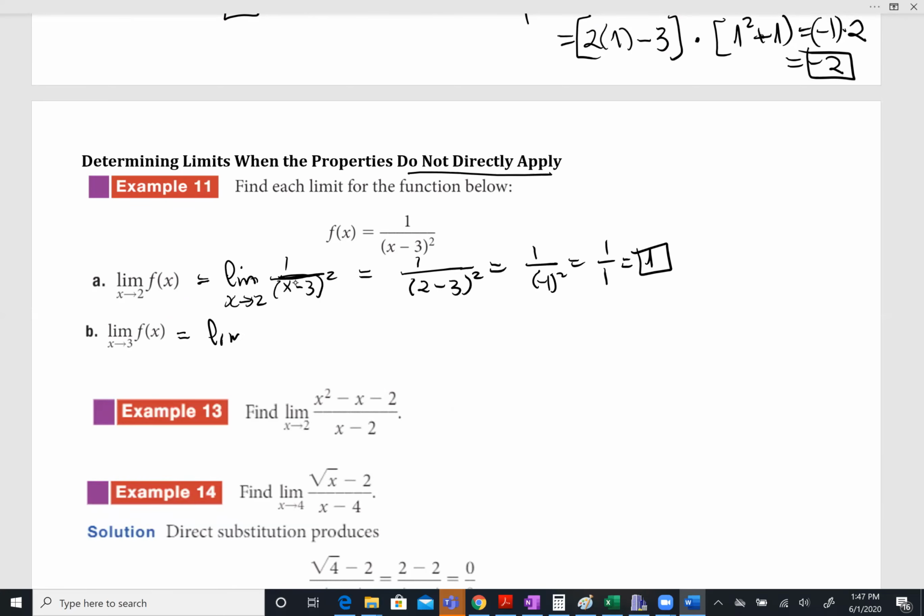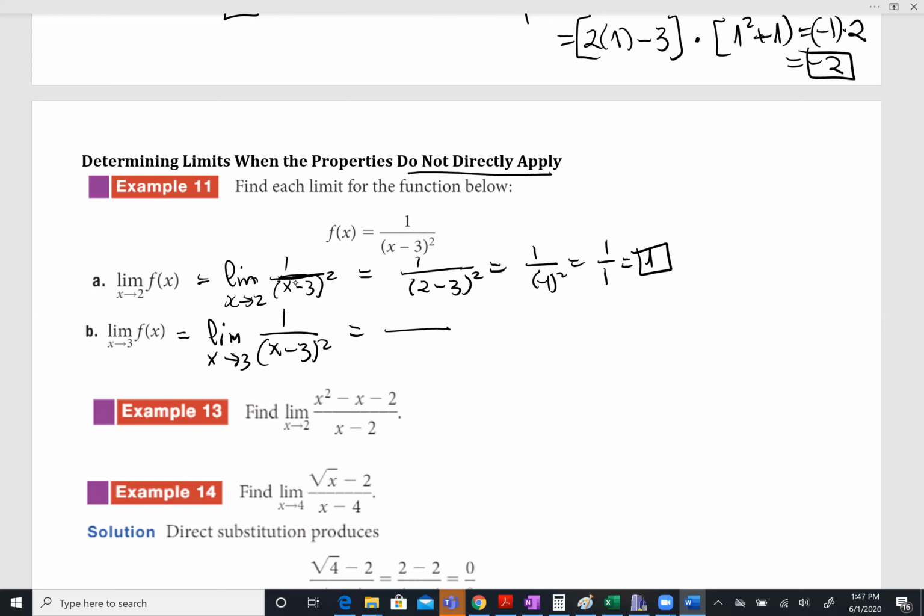Now, what happens if x approaches 3? I have the limit of 1 over (x minus 3) squared when x goes to 3, and you see that the top cannot factor, and the bottom you can factor, but it will not help you cancel anything. So just apply substitution.